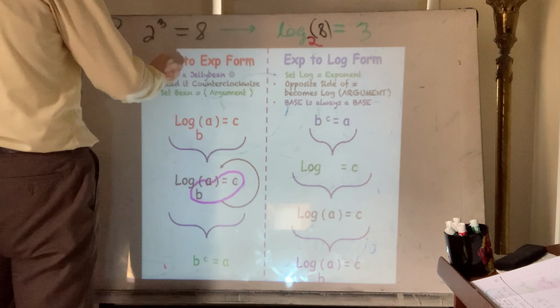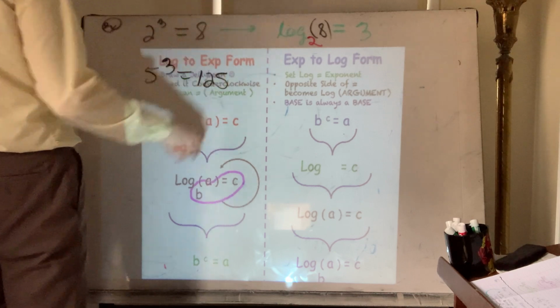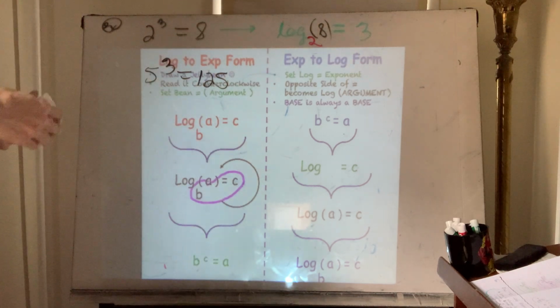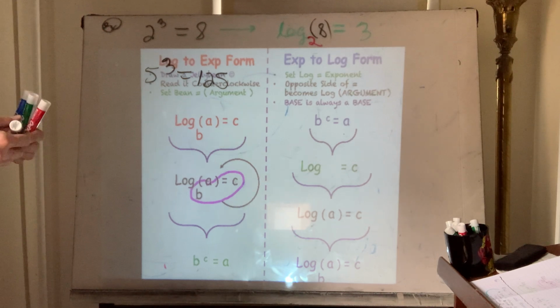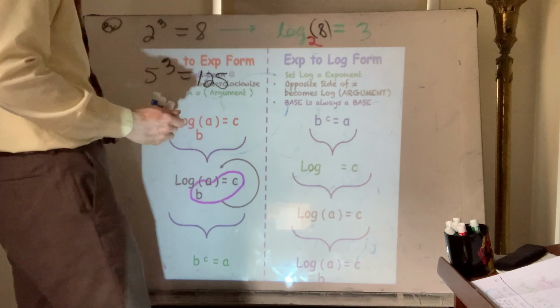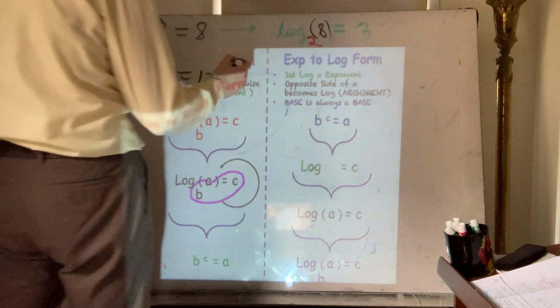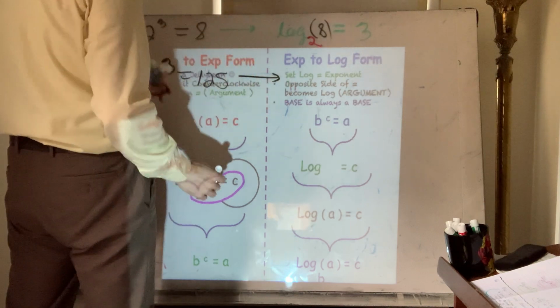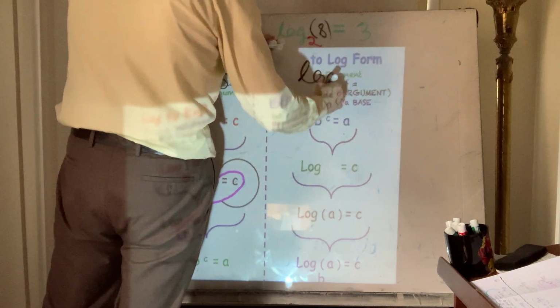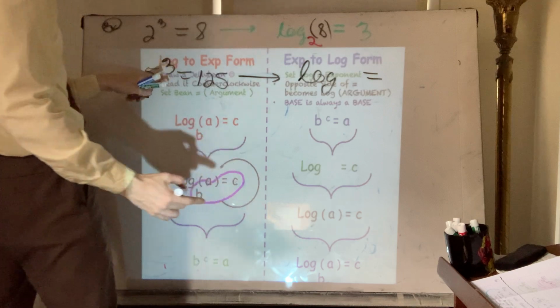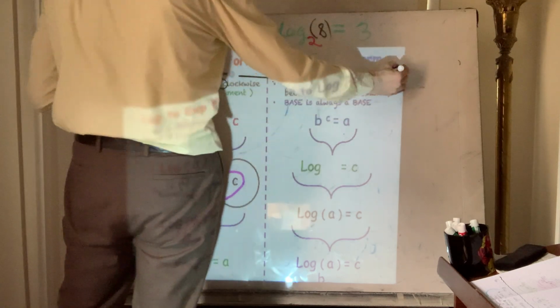5 to the third is 125. Right? Start by writing the word log, just because I'm superimposing it on my scribble here. I'm just going to write it like this. Write log, a little space, is the exponent. So if the exponent is coincidentally 3, you put equals 3 here.